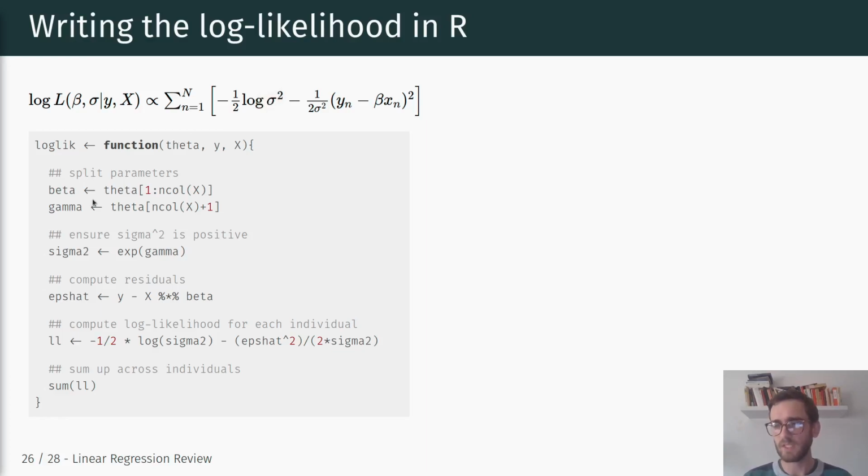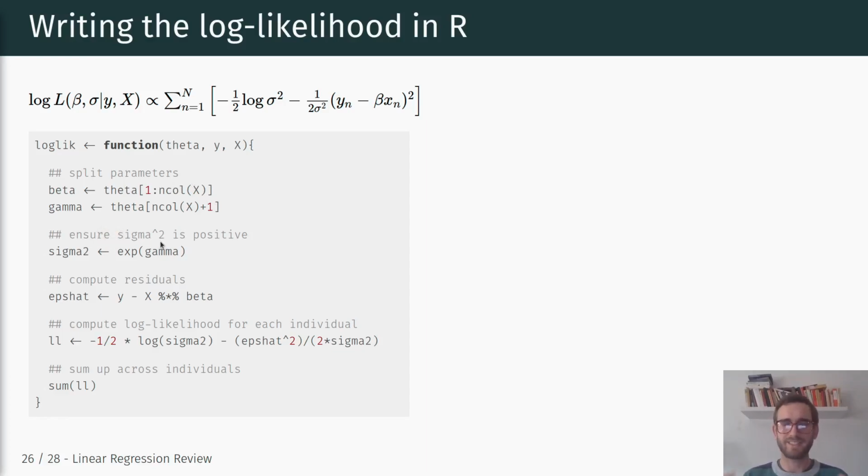So while we have one argument which contains all the parameters that we're trying to estimate, we're splitting them up into 2 different parts, beta and gamma. And this is done by separating the theta vector into 2 parts depending on the number of variables that are included in X. Okay.